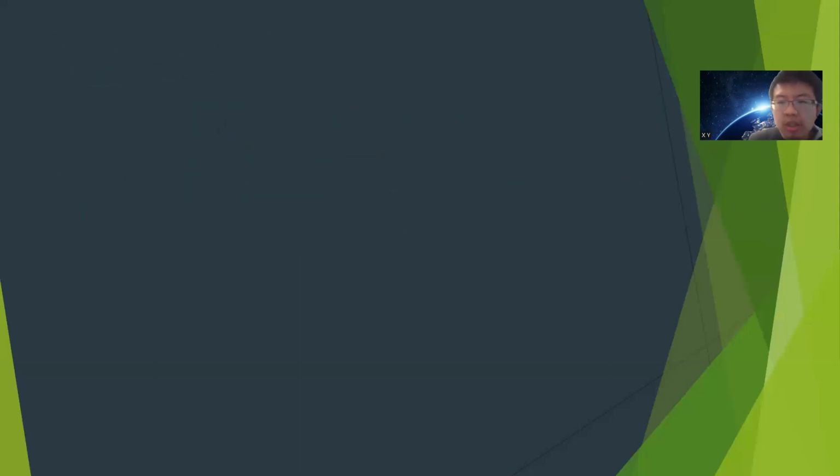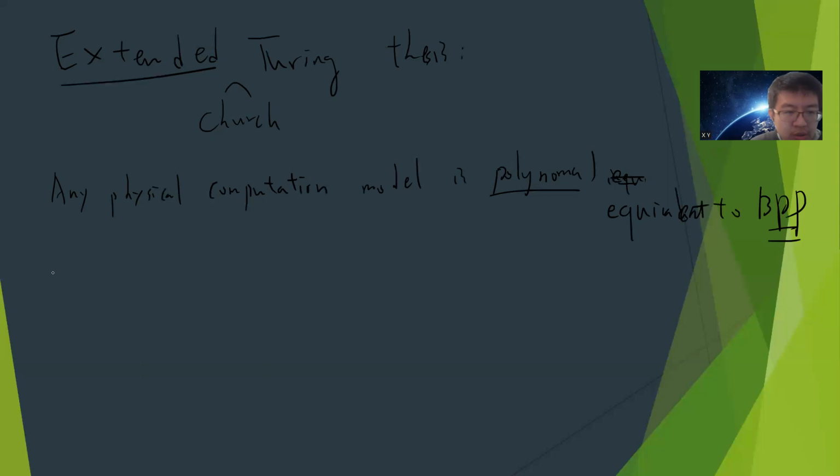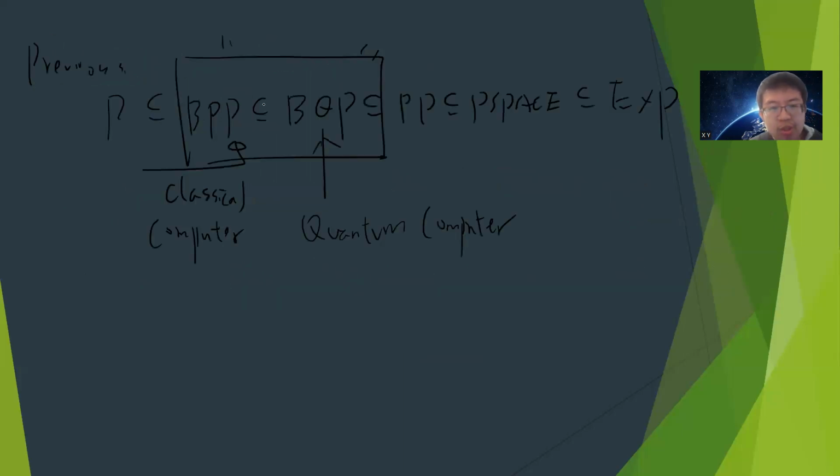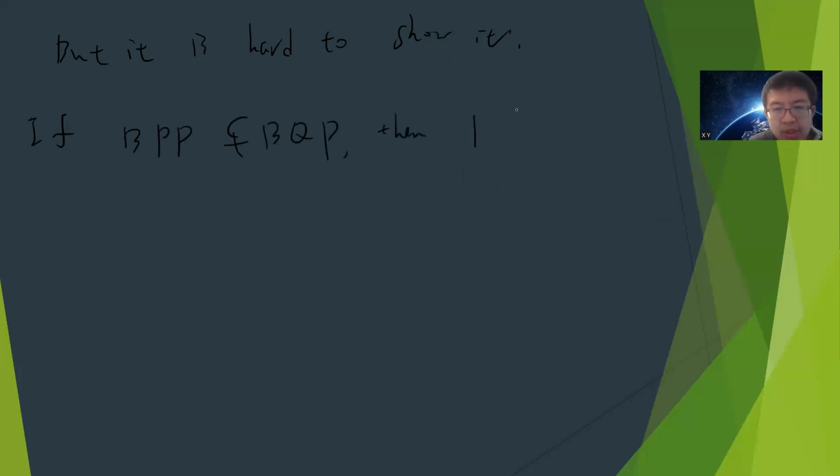But it seems like BQP is more powerful than BPP. The problem is that it's hard to prove this, because if BPP is different from BQP, then obviously P is different from PSPACE.